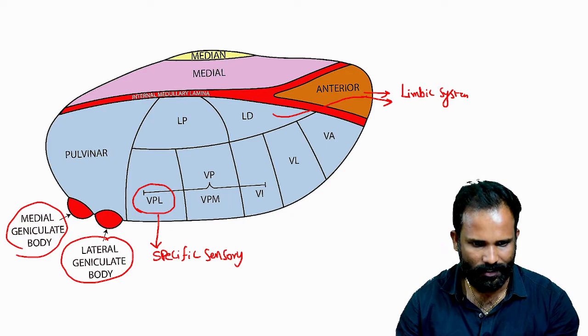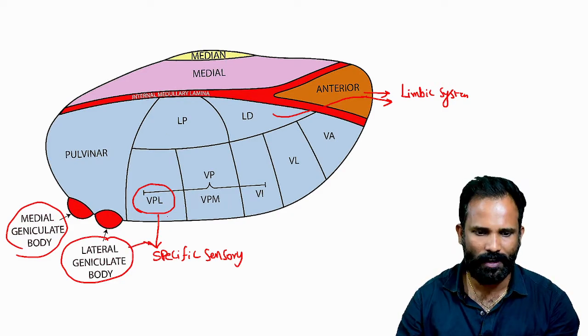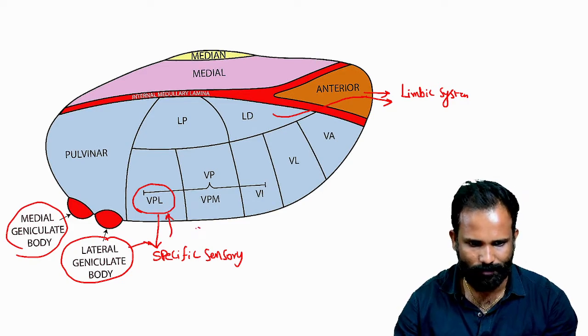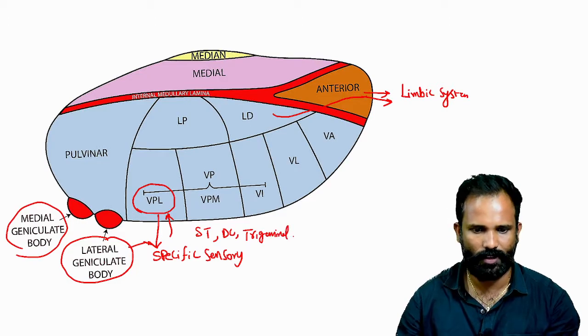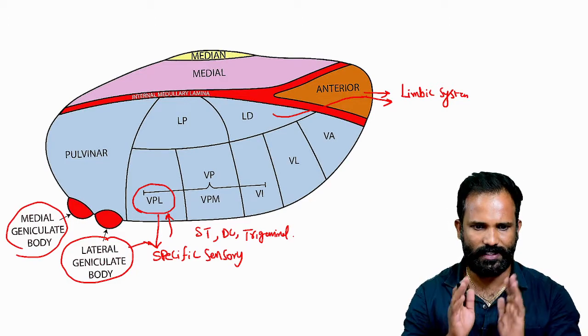So we have these 3 entities together as specific sensory nuclei, getting information from the spinothalamic tract, dorsal columns and also from the trigeminal pathway. So that's the sensory component.